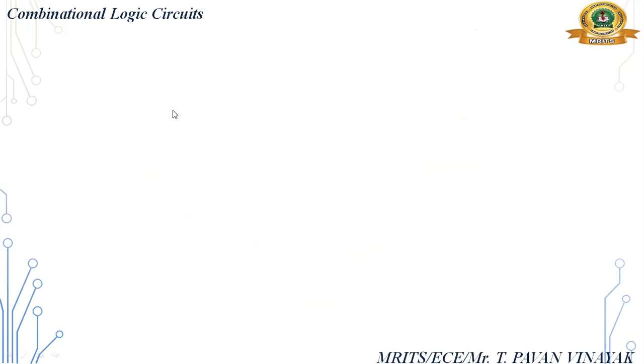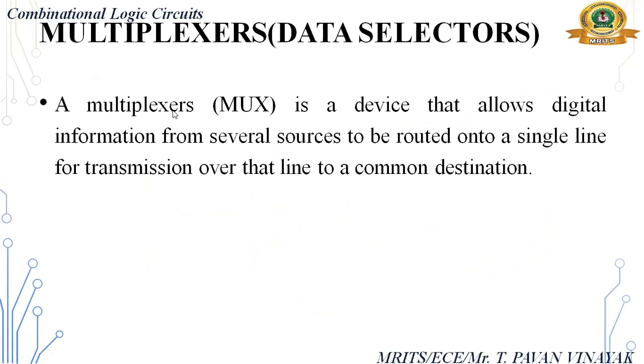So let's see the practical definition. A multiplexer is also known as a data selector. It is a device that allows digital information from several sources, meaning many inputs, to be routed to a single line, meaning a single output, for transmission over a line to a common destination. So the output is one.